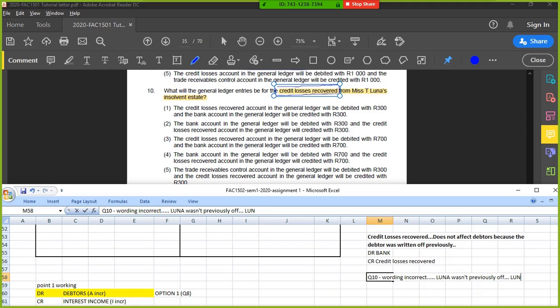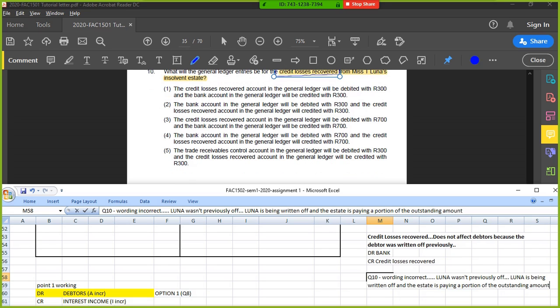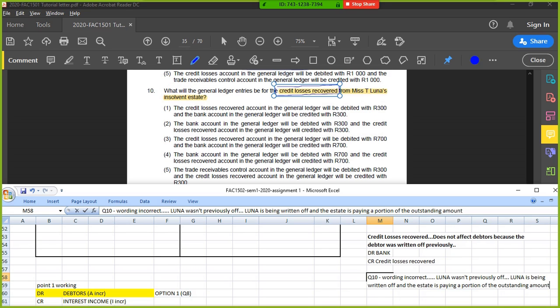Luna is being written off, and the estate is paying a portion of the 700 outstanding amount. That's the problem with the wording. I'm just writing down the corrections here. You can probably still choose the right answer, but you're not going to look at the credit loss recovered. You're just going to look at Luna.